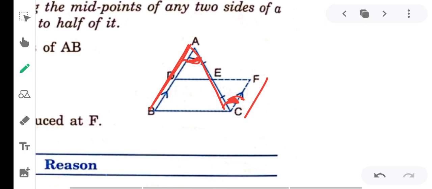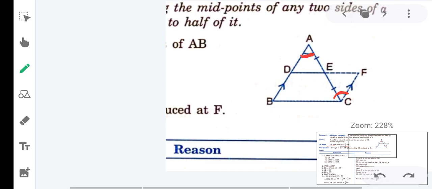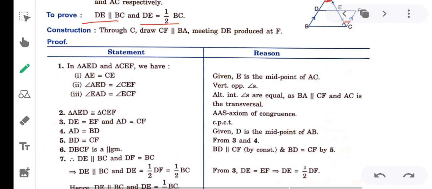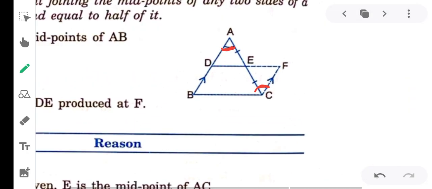Sorry, alternate interior angles. So triangle AED is congruent to triangle CEF. So now we can say DE equals EF by CPCT, and AD equals CF also.